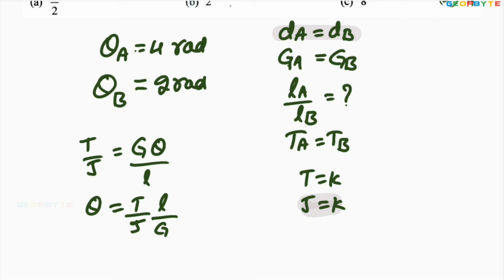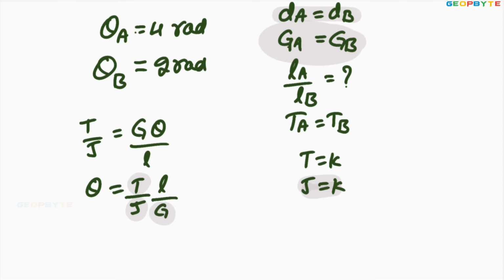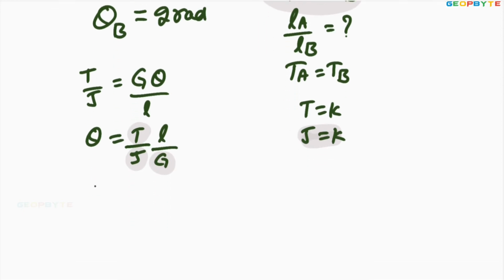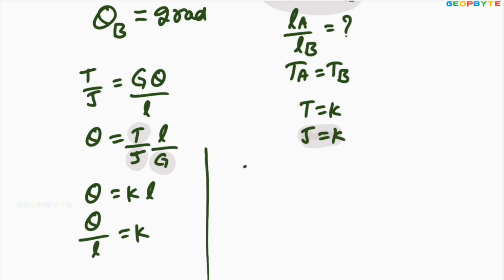Here this is constant, and shear modulus G also remains the same. Then I can say that theta equal to some constant into L, or theta by L remains constant. If theta by L remains constant, I can say that theta A by LA equal to theta B by LB.